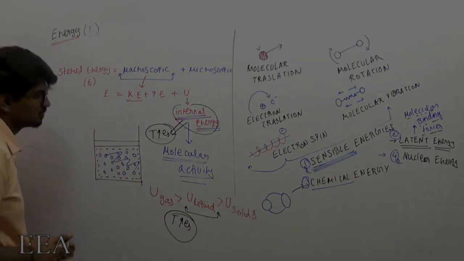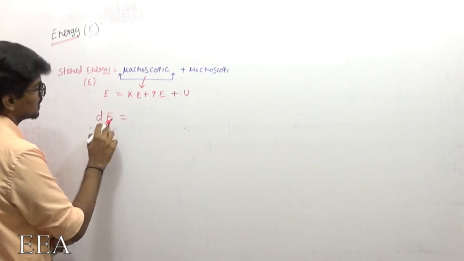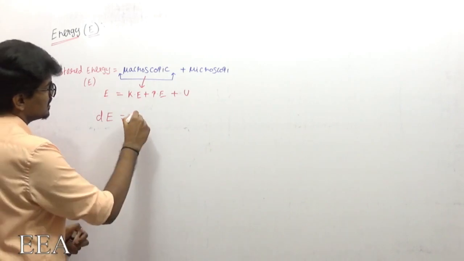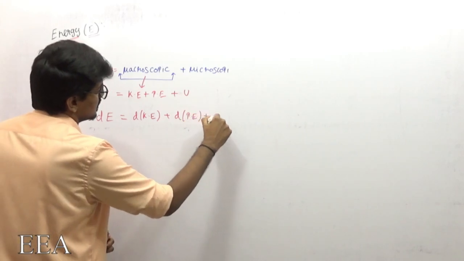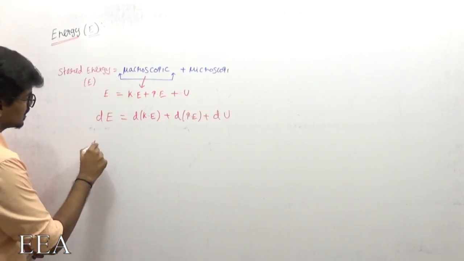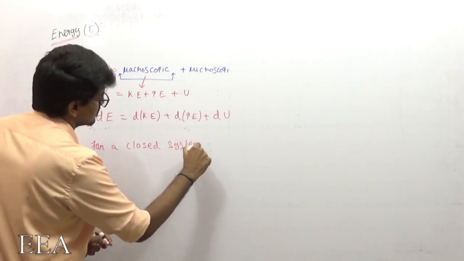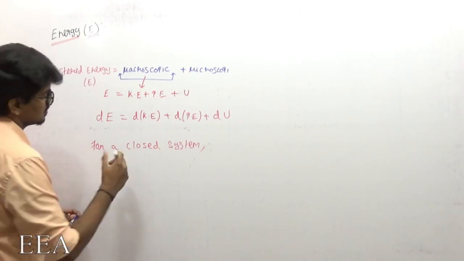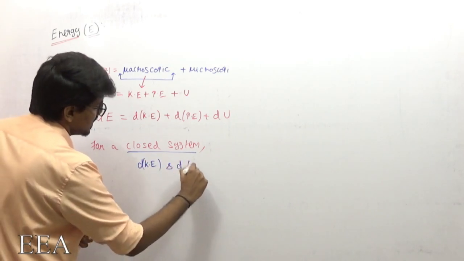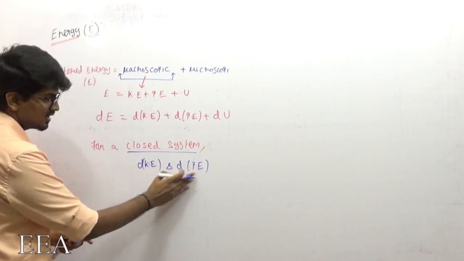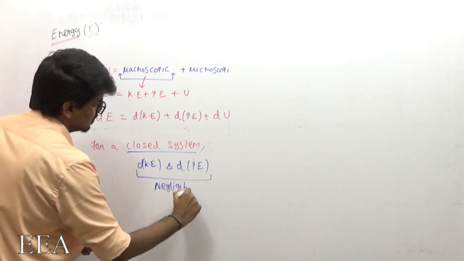Now, this is our total energy, right? So what will be the change in total stored energy? It's going to be change in kinetic energy plus change in potential energy plus change in internal energy. And as I discussed already, for a closed system, dKE and dPE, the changes in kinetic energy and potential energy, are negligible.